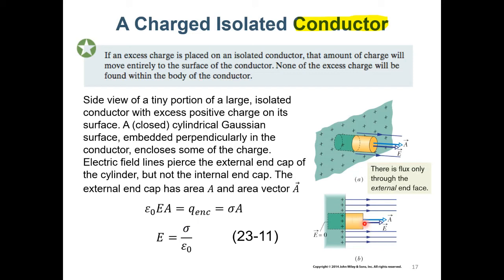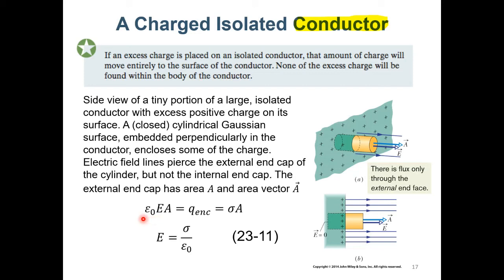So actually, the E field times the area of this circle. The Q enclosed would be the surface charge density multiplied by this area, so we have Q enclosed equals sigma A. We can just cancel A because we have A here.